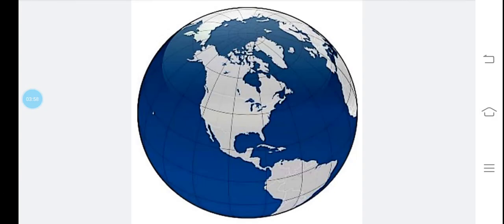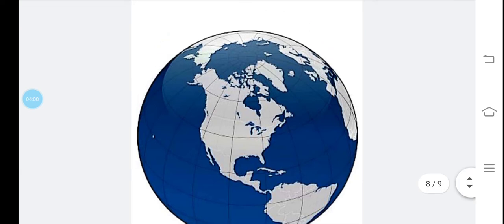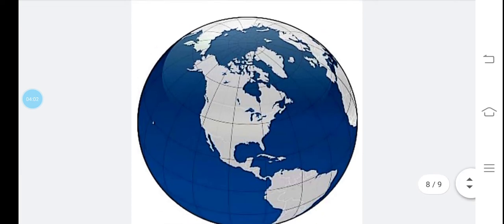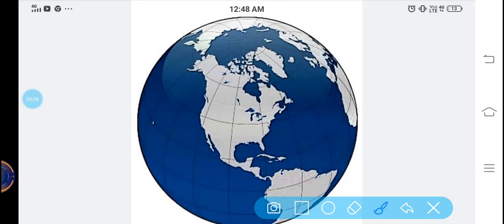So with the help of this picture, we can understand these are the lines of latitudes. It makes the complete circle.